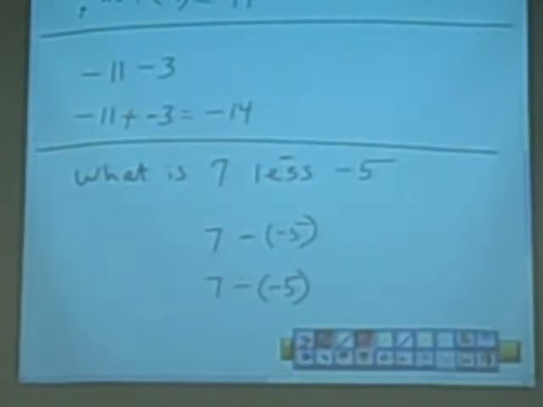So we're going to change the minus sign to a plus, and change the sign of the next term. So we're really adding. So you see, that's why I don't want you to look at this as adding or subtracting. I want you to look at it as, do I put a plus or minus where that word is. And that gives us a positive 12.